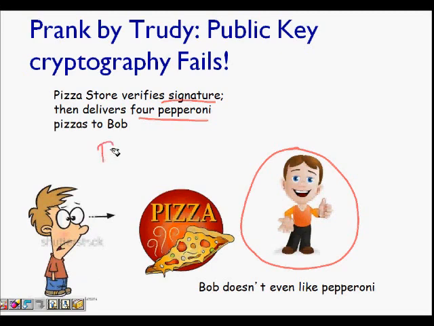So has public key cryptography failed? Because he verified that it was signed by the private key and decrypted by the public key, so where is it going wrong? Let's see how we can solve this problem.